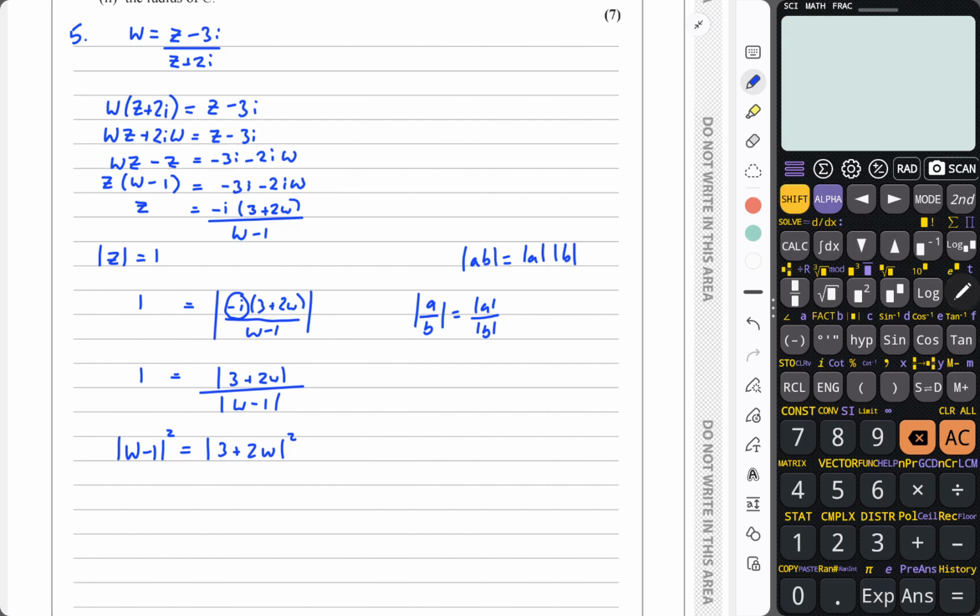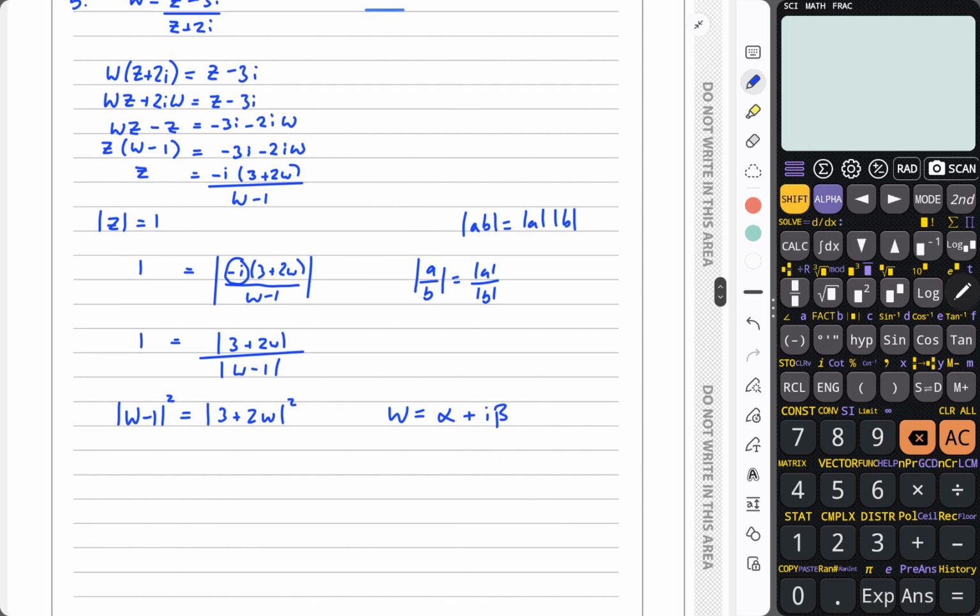Now we can conventionally label z as x plus iy, so I'm going to write w as u plus iv, although you might want different letters to not get mixed up, so maybe something like alpha plus i beta. So this is going to become alpha minus 1 squared plus beta squared, since minus 1 is a real number, and then it's going to be equal to the right hand side.